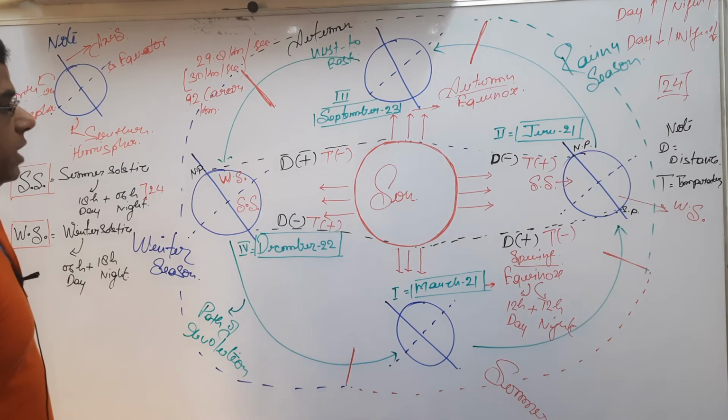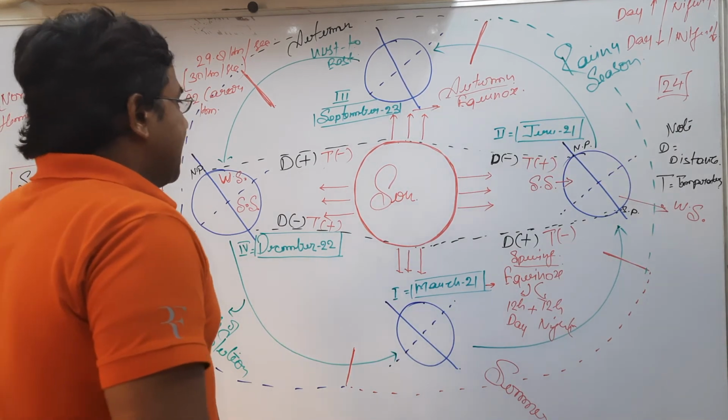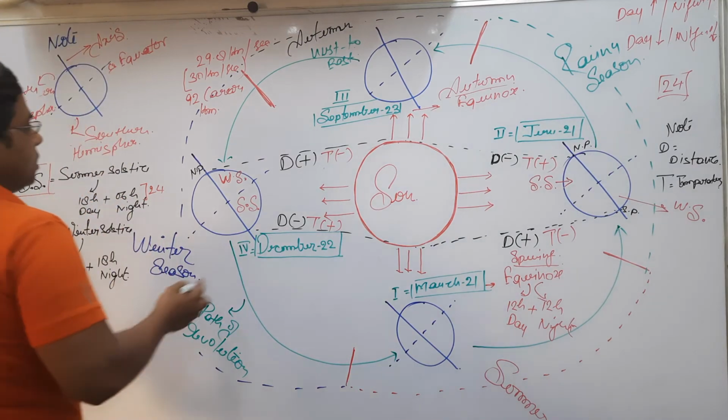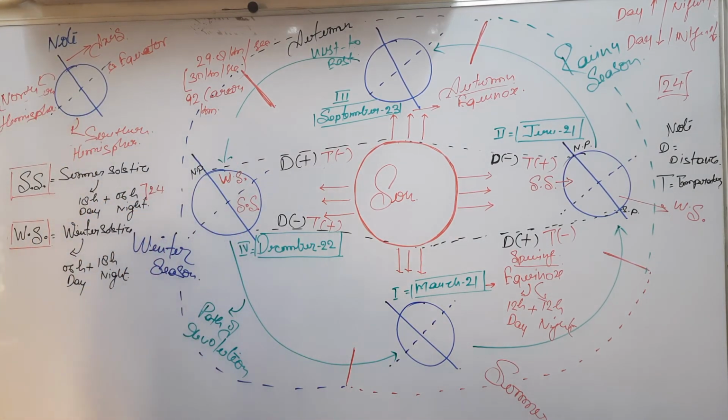The outcome of the revolution, now that we have discussed it properly, is this. I am writing over here, and if you wish, you can take a screenshot of this diagram.